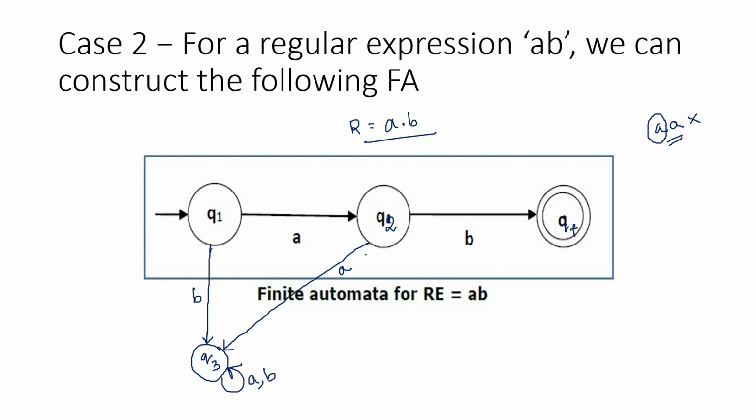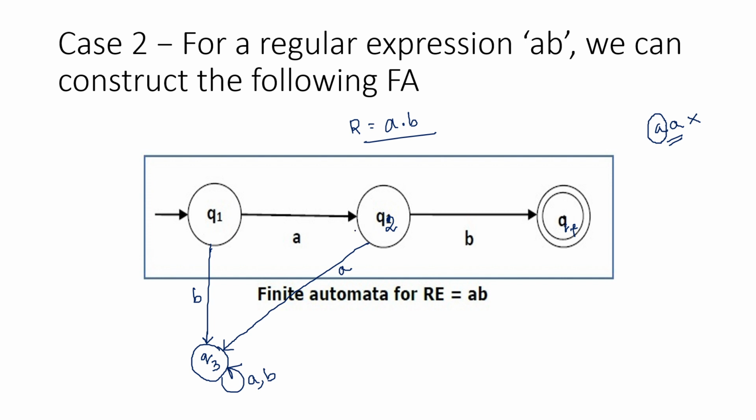So this particular design is now the complete DFA. But as I told you, the first job is to design an NFA, and that's why we didn't care about that.